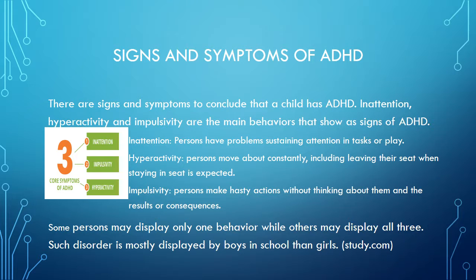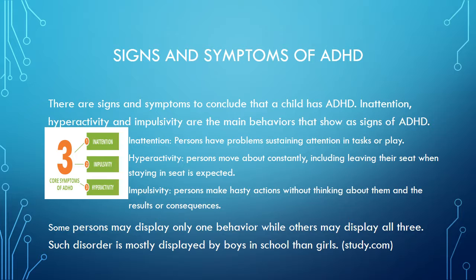Signs and symptoms of ADHD. There are different signs and symptoms to conclude that a child has ADHD. Inattention, hyperactivity, and impulsivity are the main behaviors that show as signs of ADHD. Inattention: persons have problems sustaining attention in task or play.